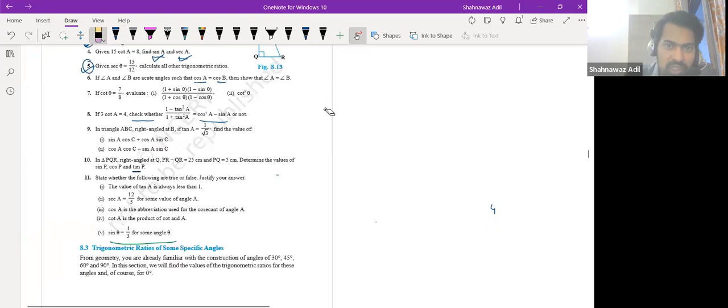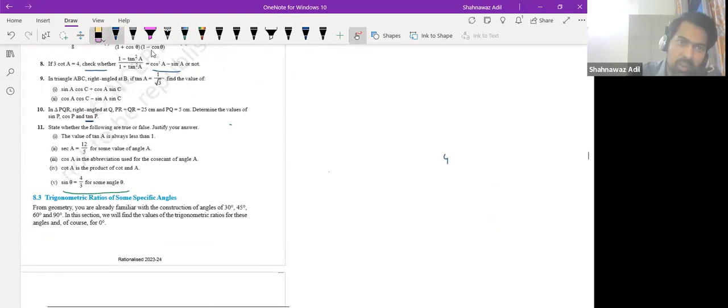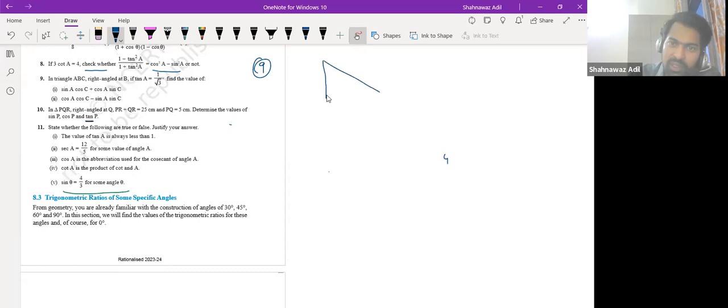Yeah. So in the next question, question number 9, what we need to do. So if triangle ABC is right angled at B, so this is the triangle ABC, and this is right angled at B, let's say this is A and this is C, right?